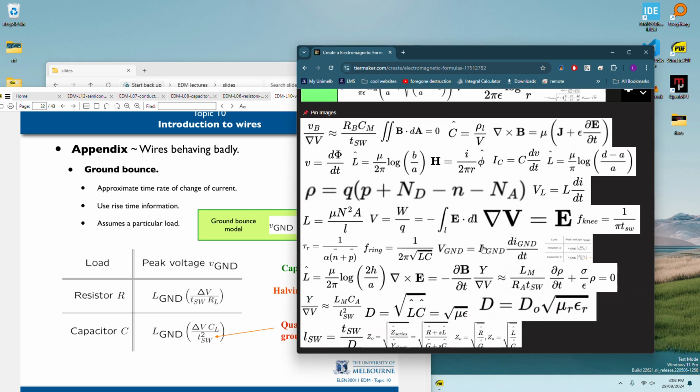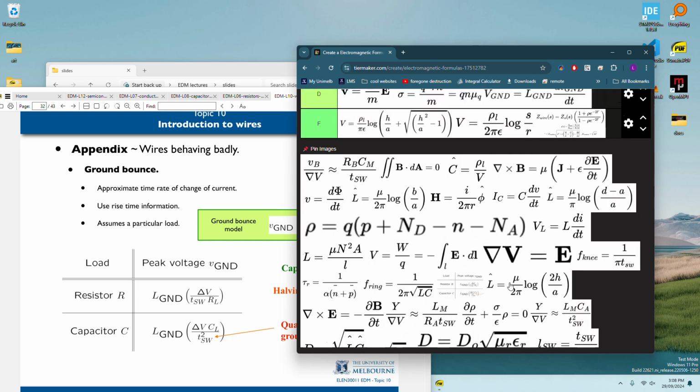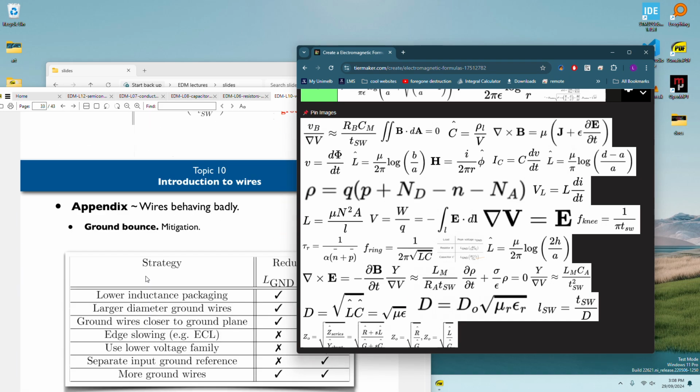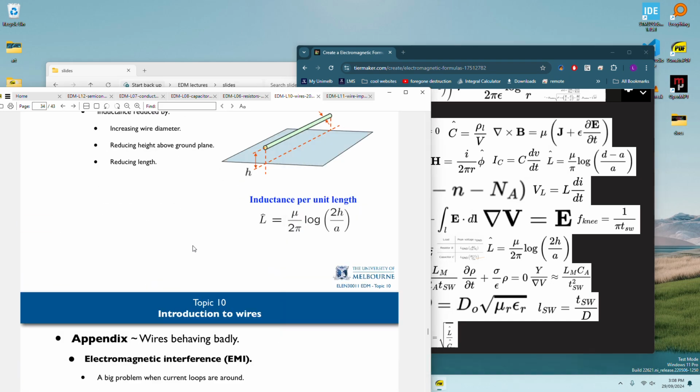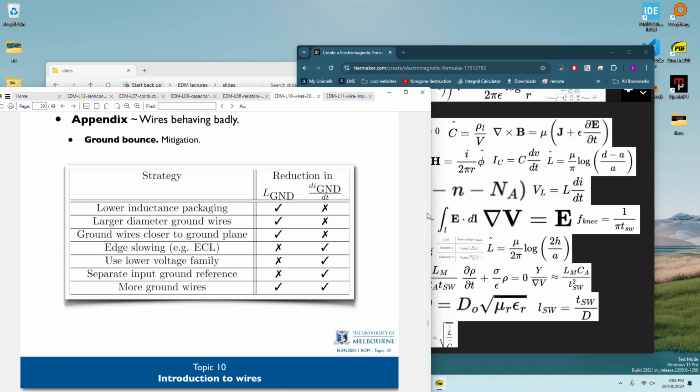Pain. I hate these wire equations. It goes in D. Probably it'll be useful, but I don't want it to be useful. This is the inductance, I'm pretty sure. No, the wire impedance.